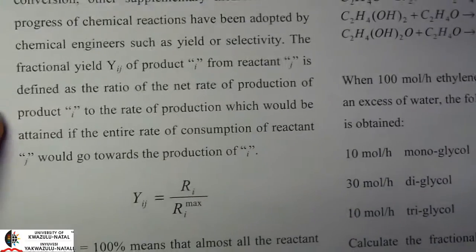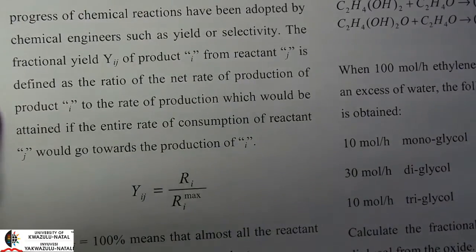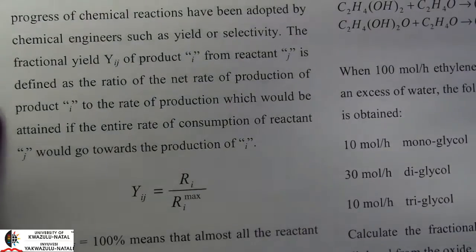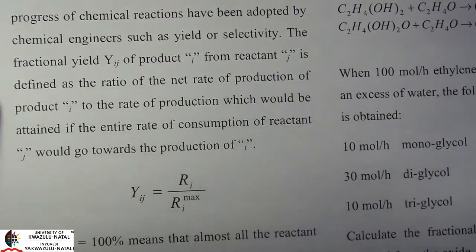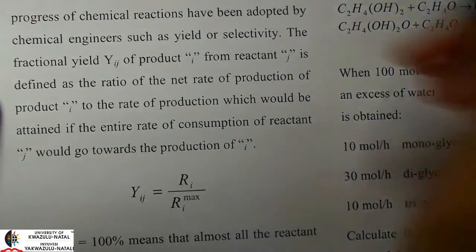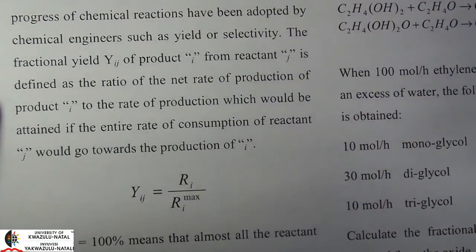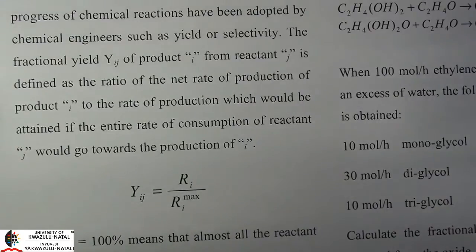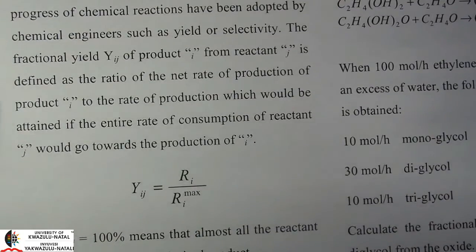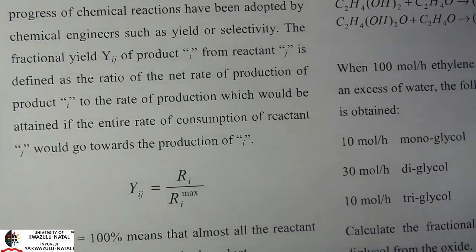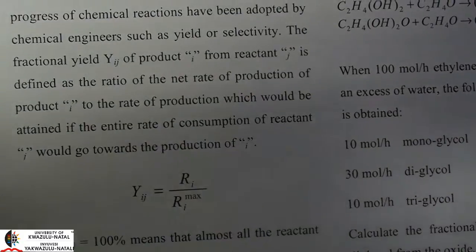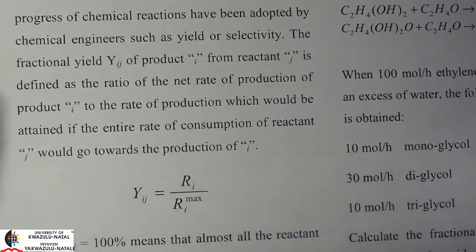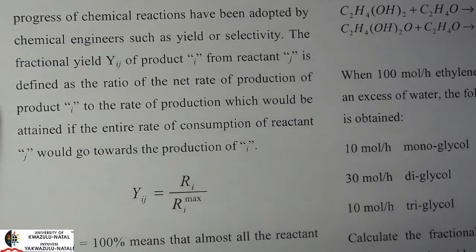So I'd recommend you get the definition correct and make sure you understand fractional yield. Watch this video over and over if you need to, because it's very important and it's very easy to get confused about how to express fractional yield, especially when you're looking at different problems and how the yield is expressed.